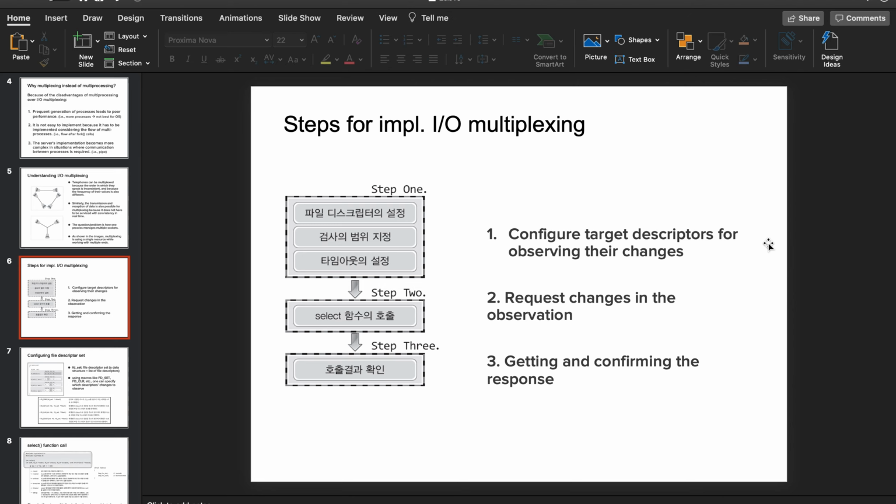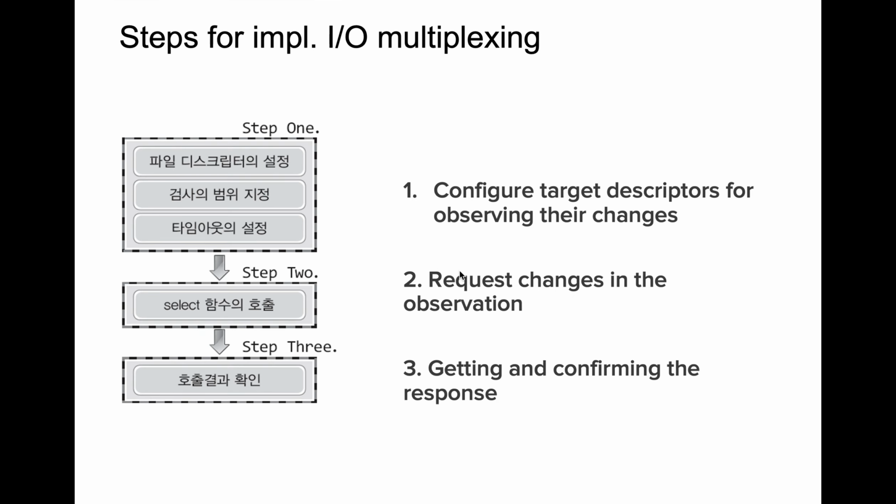So the second step is requesting changes in the observed file descriptors. The last step is if any change occurs within those file descriptors, we have to get those responses, whatever data is coming or whatever data we want to transfer, because the file descriptor has some change in it. The change can be input or output, depending on how we set up.